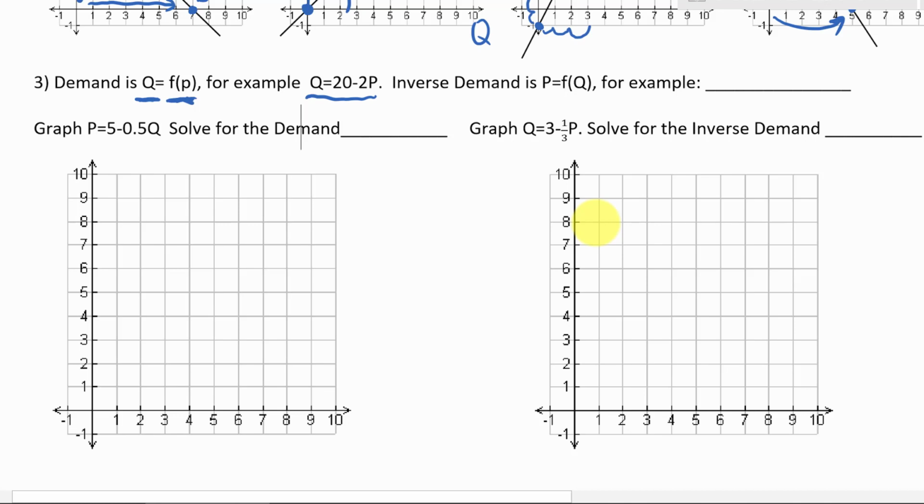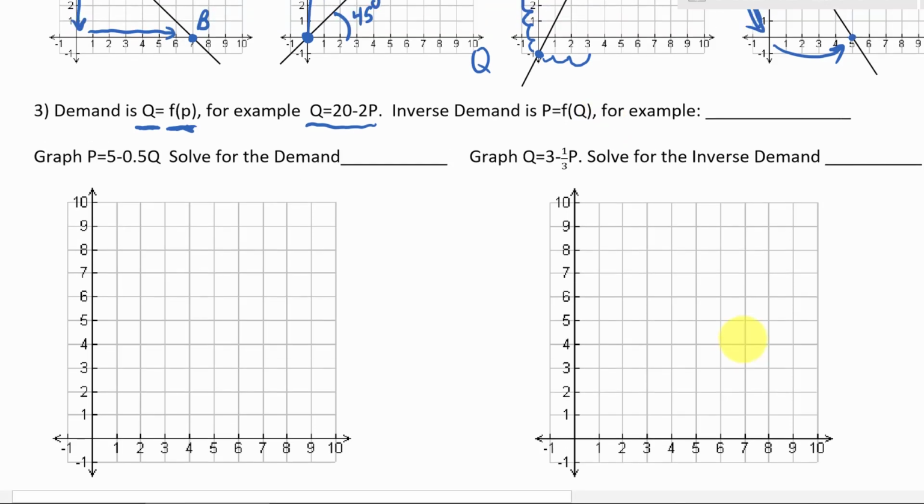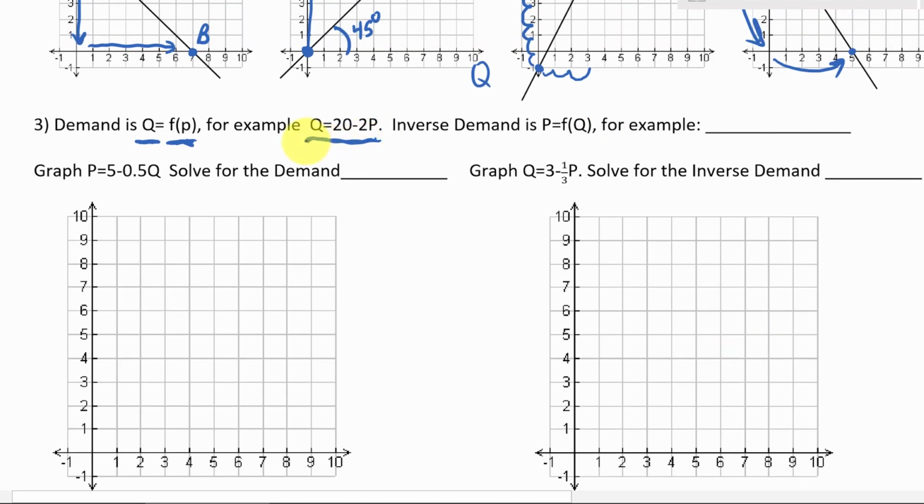What is the relationship between the price and the quantity demanded? So demand gives us that quantity for all possible prices. The inverse demand is just the inverse. The inverse of a function is when you solve for the other variable, right? If we take this and we solve it for P, we'll get the inverse demand, and that's something that's going to be easier to graph.